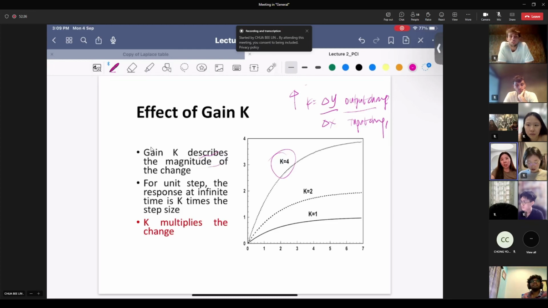It means it changes more when you apply a change to the input. Then when K is higher, the slope is higher, delta Y over delta X. So this is Y, this is X. So what is gain? Gain is the ultimate change of the output over the input change.